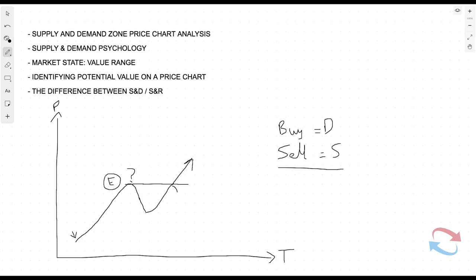But if prices break through that level, then this area no longer becomes an area considered expensive, because basically buyers have seen the price at £10 and they've said, you know what? I think this is still undervalued. And so they've again pushed prices higher, right?